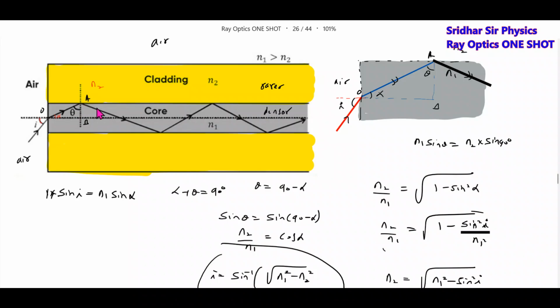Again, if this angle is theta, the angle of incidence just greater than the critical angle will undergo TIR. Like that, it will undergo successive TIR, and the ray of light will move from one end to the other without loss of light. So here there is a core.